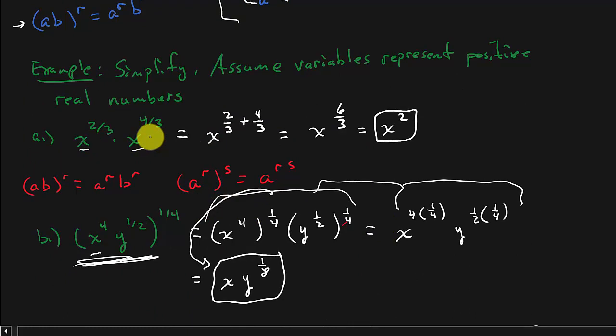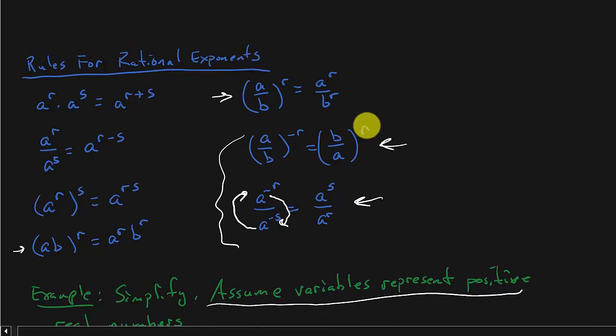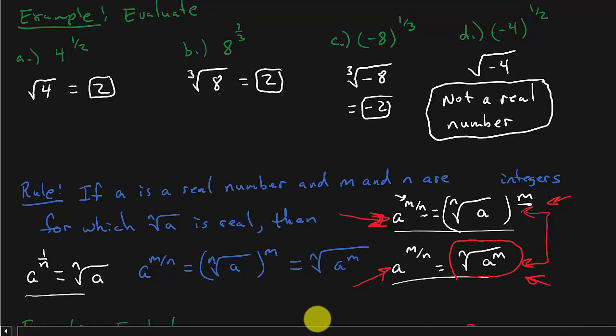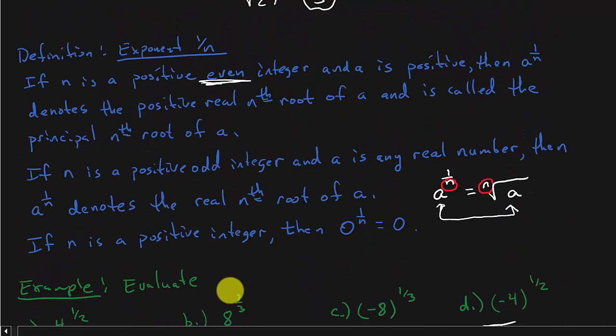Okay, we had variables. We were taking the 4th root. Okay, I didn't use absolute value here. The key to this is the directions. Assume variables represent positive real numbers. And if you remember what we talked about up here, remember when we were taking these square roots?